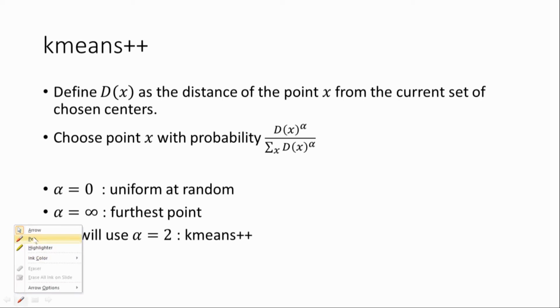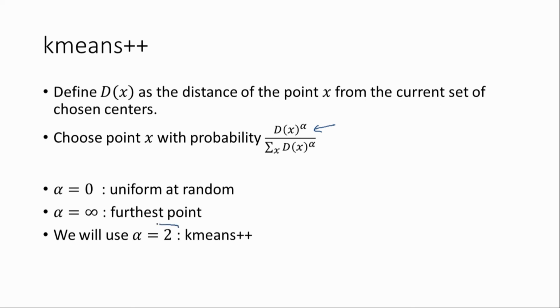Let alpha tend to infinity, and say x is the farthest point, so d of x is the maximum. Divide everything by d of x and then let alpha go to infinity. You will only be left with the point at the farthest distance, with probability 1. Everything else will be 0. So the farthest point will be chosen.